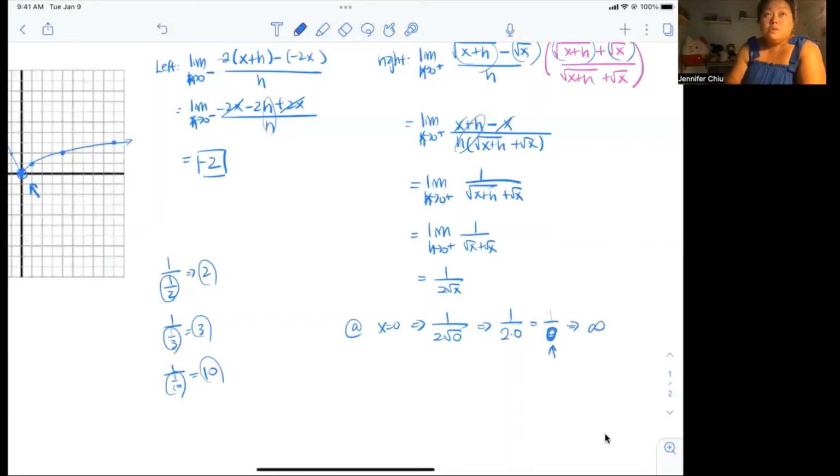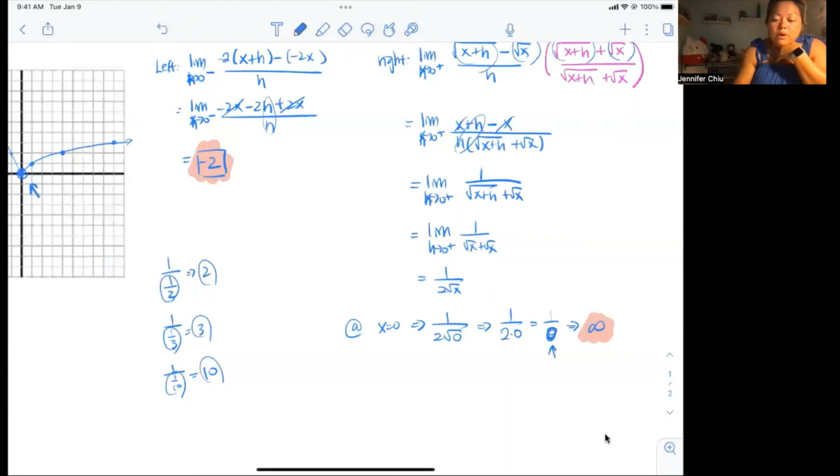All right. So that's not really the main point. The main point is to remind you that my left side is not the same as my right-hand side. If they're not the same, then this graph does not have a derivative at that point, because it's a piecewise function. The two derivatives have to be the same for it to be differentiable, and it has to match up.